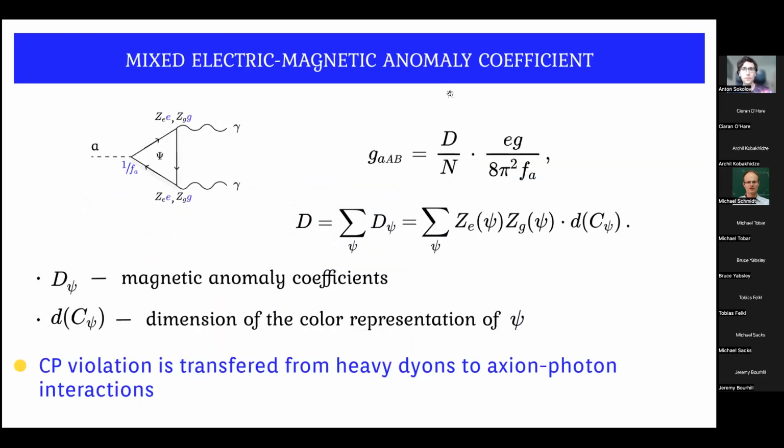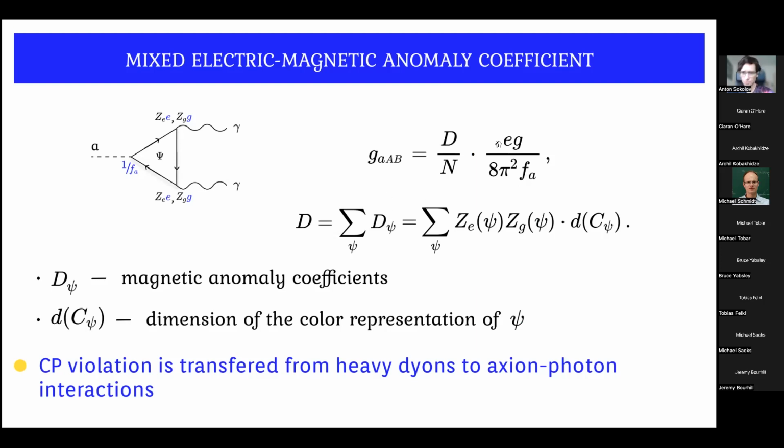Now let us consider this CP violating coupling, where, as I already said, the CP violation arises from the presence of dyons in the theory. If we now consider this extra heavy fermion to be a dyon, then we get the axion coupling proportional to e times g, because here you now have both charges in the vertices.